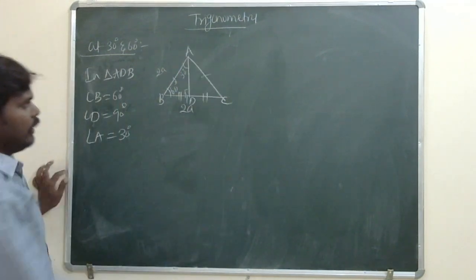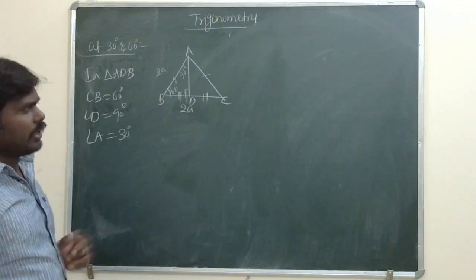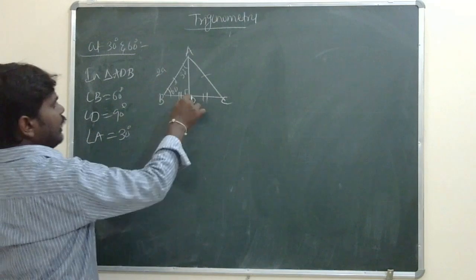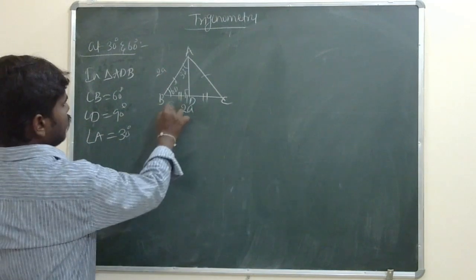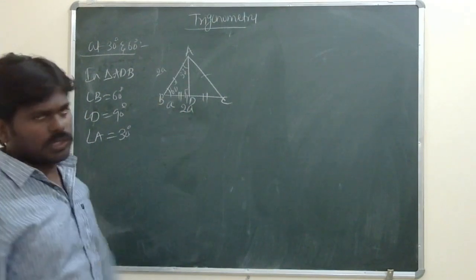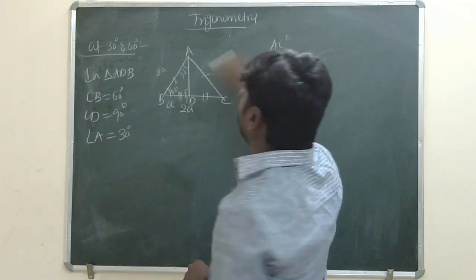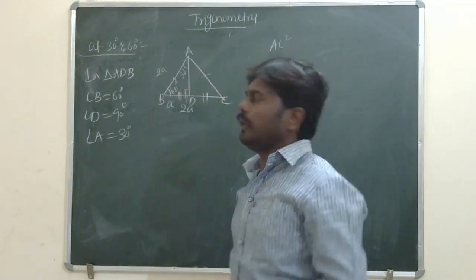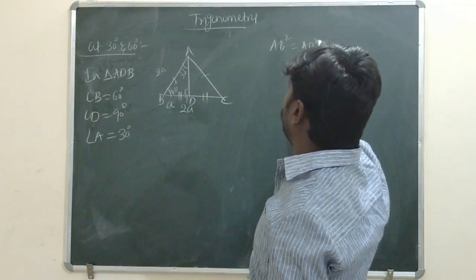Median and altitude are both the same in the equilateral triangle. So that means AD divides BC into two equal parts. So BD is nothing but A, because BC is equal to 2A, so BD is equal to A. Now what is AD? To find AD, you have to apply the Pythagoras theorem in triangle ADB. So AB square is equal to AD square plus BD square.